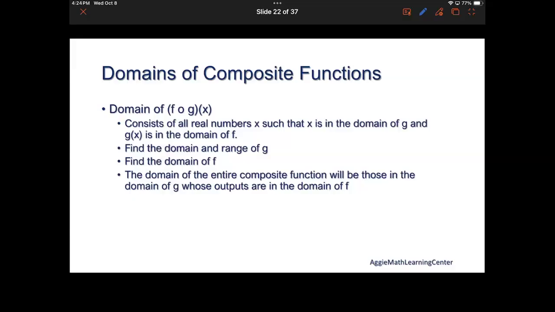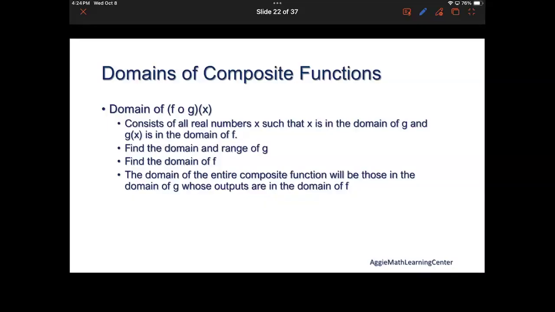So find the domain and range of g, then find the domain of f, and the domain of the whole composite function will be those x in the domain of g whose outputs are in the domain of f. That's kind of the summary, that little last bullet point. If the composite has an inside function, like g in this case, you would find its domain and range, which we often write down with interval notation.